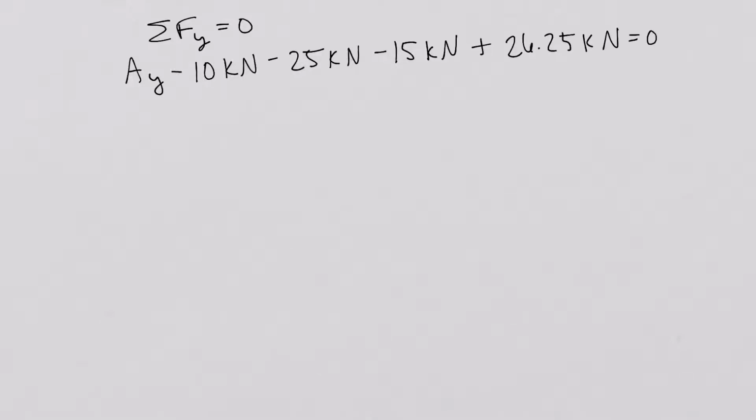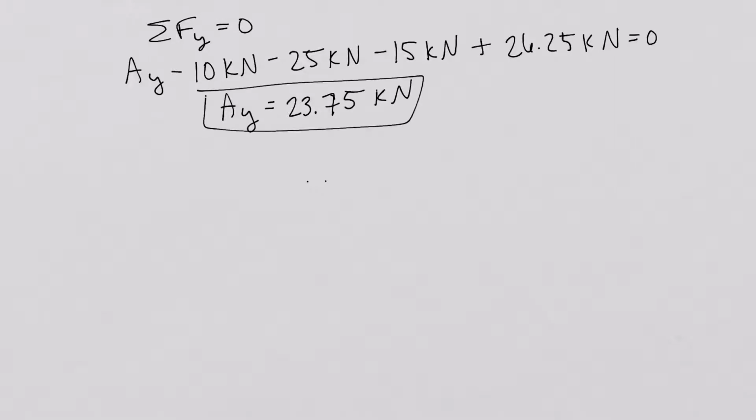So we have 1 unknown, so we can find AY now. I'm going to pause it and do the calculation really quick. Alright, I got AY equal to 23.75 kilonewtons. And then we can sum the forces in the x direction equals 0, and that equals AX, because that's the only one. So AX is 0.